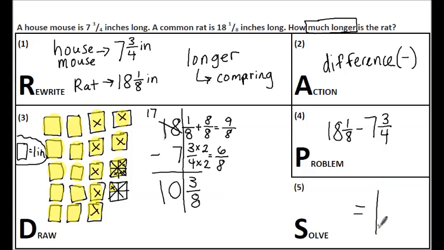So we see that the rat is 10 3/8 inches longer than the mouse. And if we wanted to write that as an improper fraction, we would do 10 times 8 is 80, and 80 plus 3 is 83. So you could also see that as being 83/8 of inches.